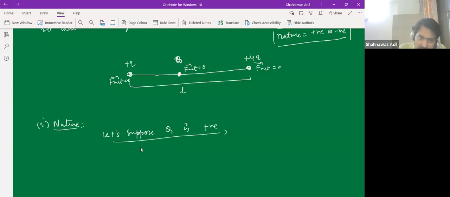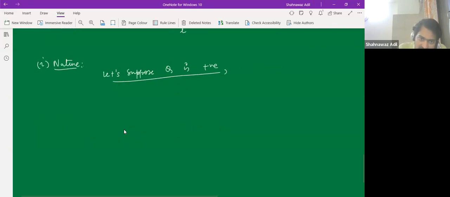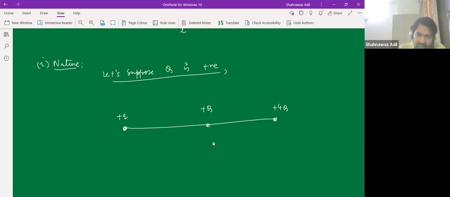So we have this charge capital Q, this is plus 4q, and this system is at equilibrium, right?